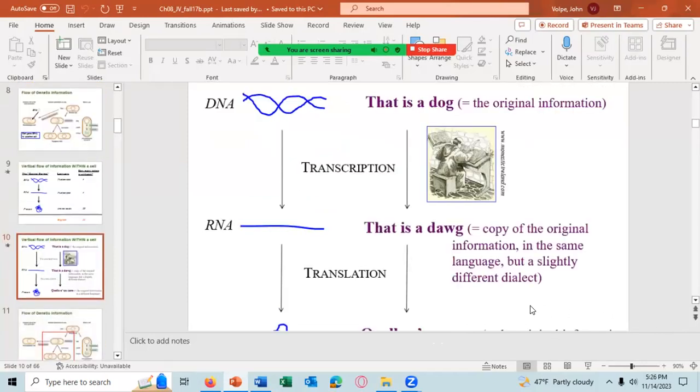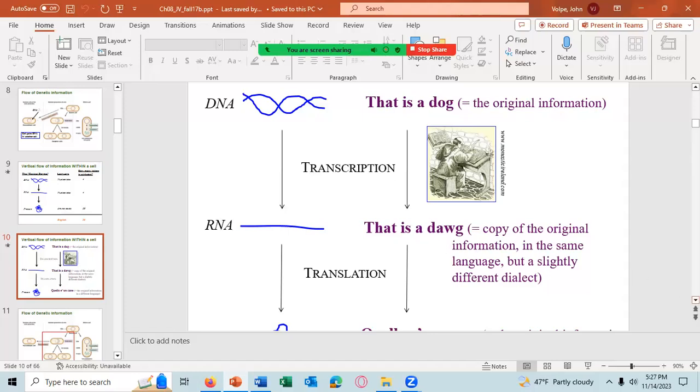So in DNA, you could say the information is stored as "that is a dog." And in RNA, that information is stored in like a different dialect of "that is a dog," the DNA, but it is still the same language. And you'd say something like, "that is a dog," in the same language, but a slightly different dialect.